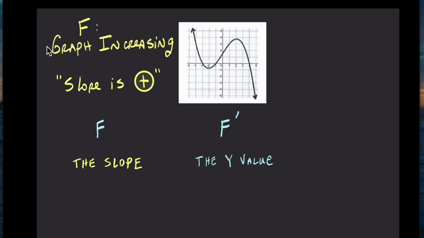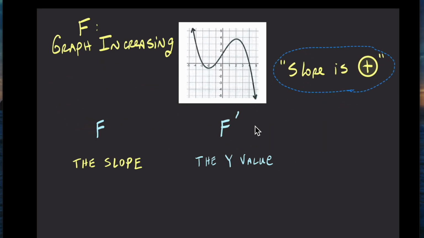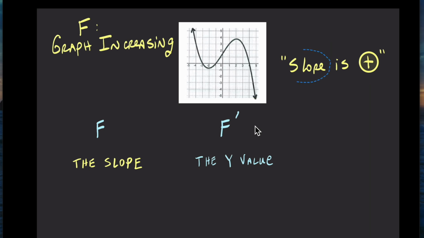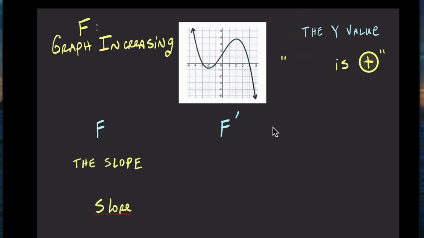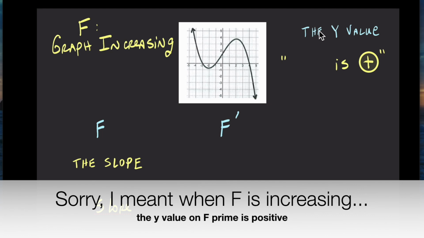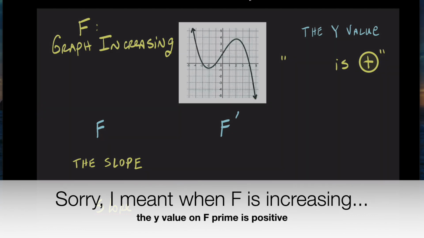Okay, so now we have this rewritten in terms of slope. Now, when we move from f to f prime, literally, we take out the word slope and replace it with the words the y value. Take out slope and replace it with the y value. And that simple maneuver tells us that when the graph is increasing, the y value is positive.